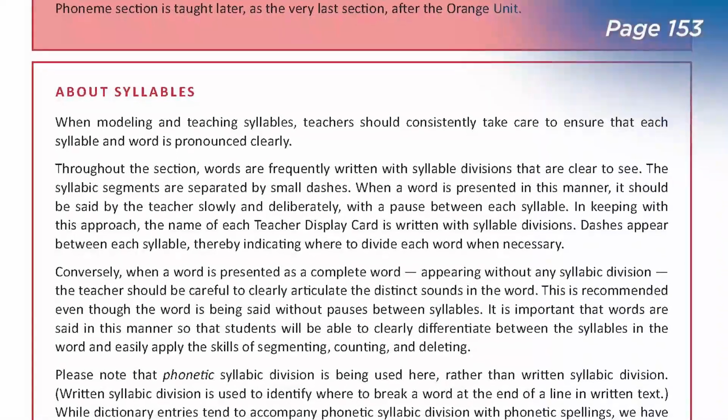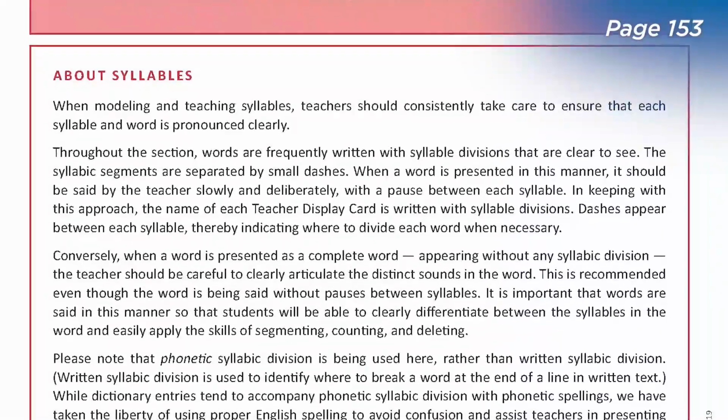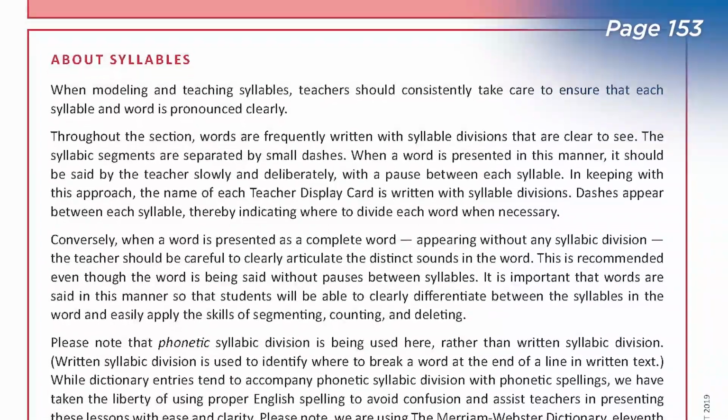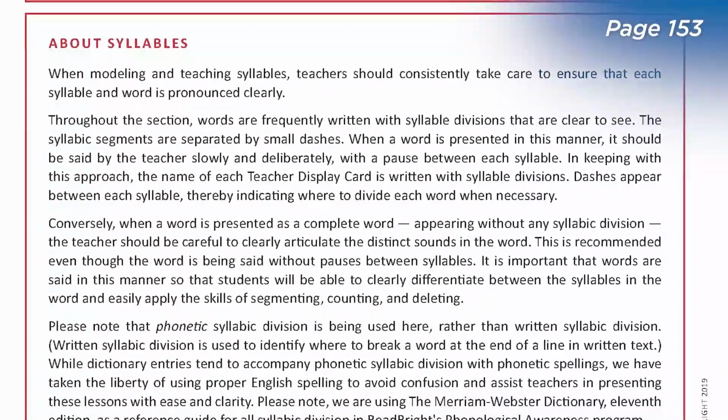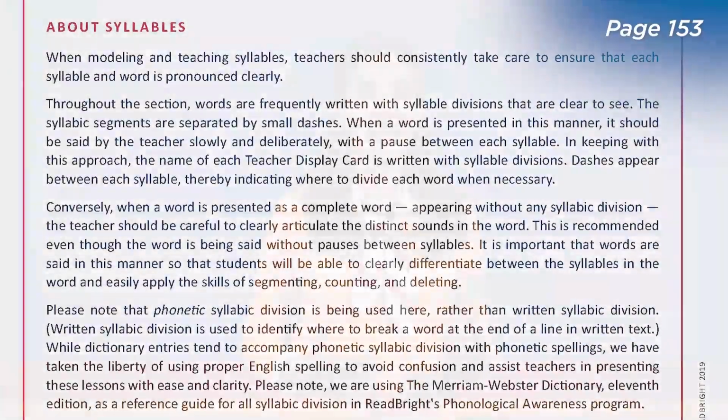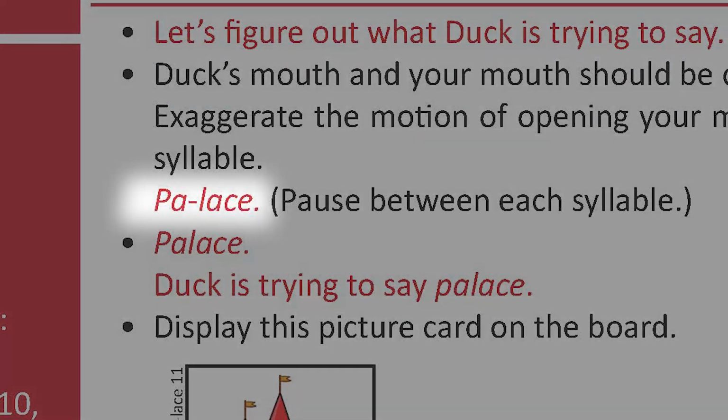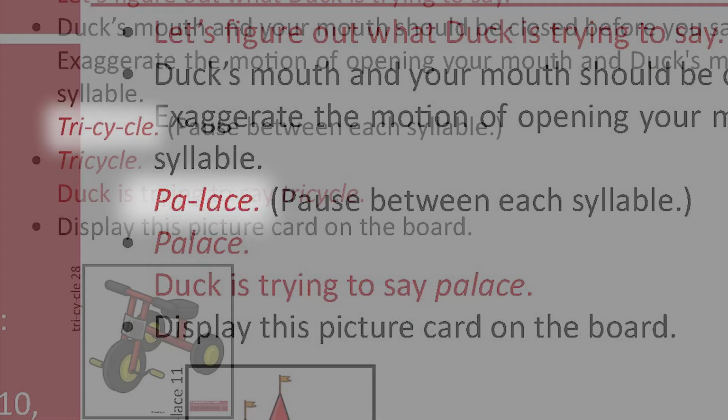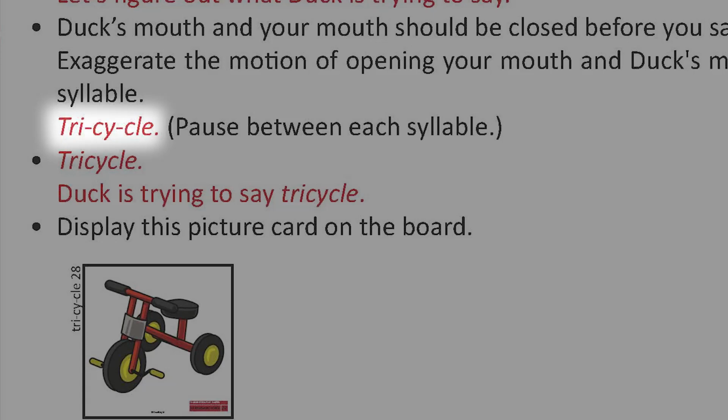About syllables. When modeling and teaching syllables, teachers should consistently take care to ensure that each syllable and word is pronounced clearly. Throughout the section, words are frequently written with syllable divisions that are clear to see. The syllabic segments are separated by small dashes.